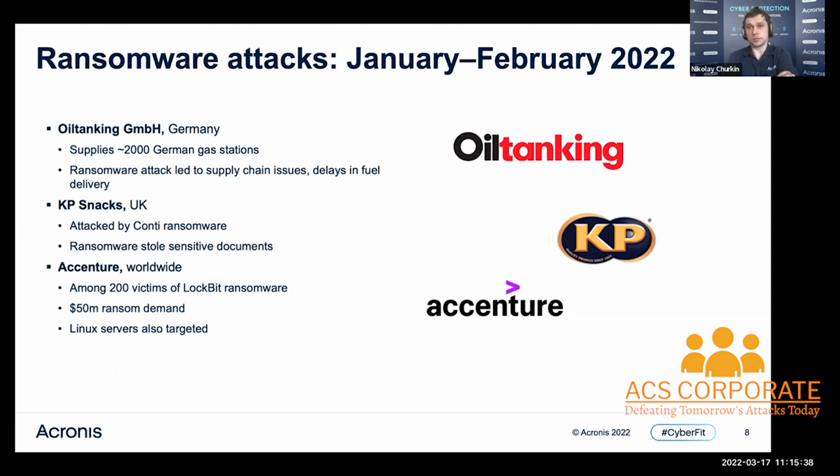A huge ransom was demanded. Also, as in the case of KP Snacks, there was a threat of certain data being exposed. But one of the reasons I put this example here is that the ransomware specifically targeted Linux servers, right?